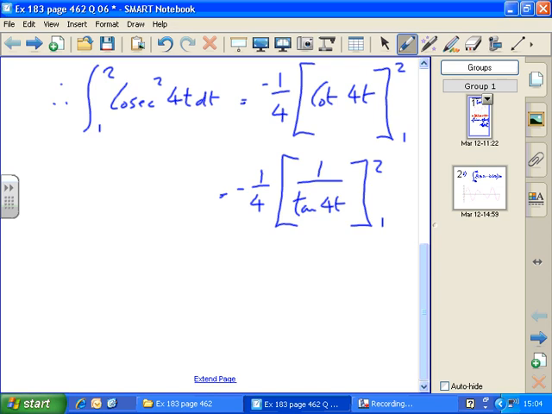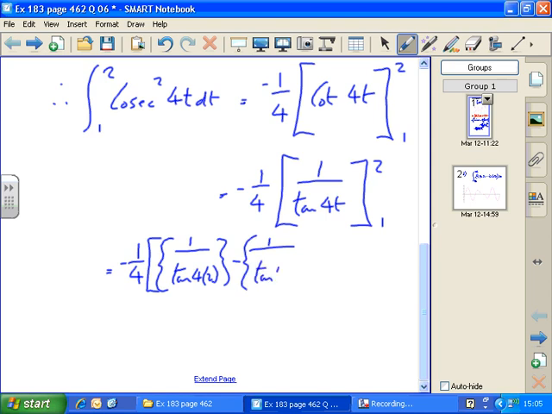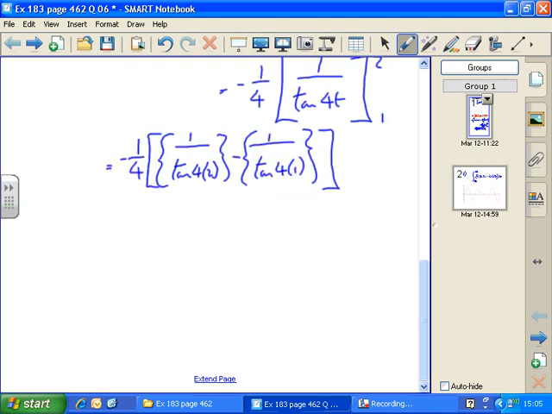So now we can put our limits in, and this equals minus a quarter, putting the top limit in, 1 over the tangent of 4 times 2, minus 1 over the tangent of 4 times 1, which equals minus a quarter, 1 over the tangent of 8 minus 1 over the tangent of 4.